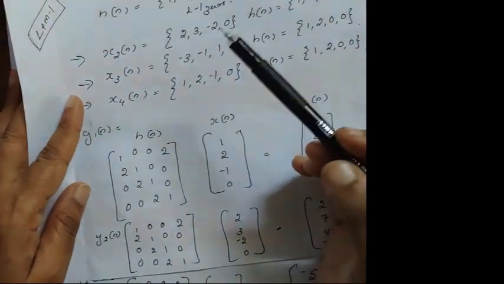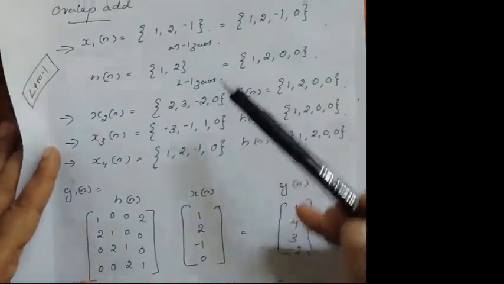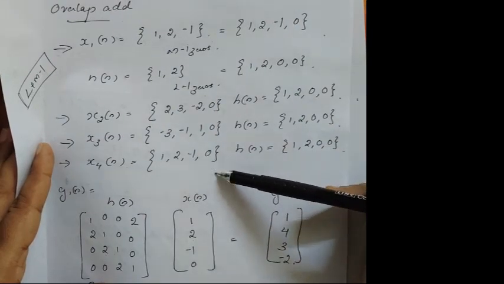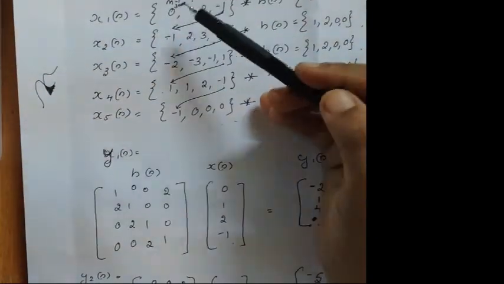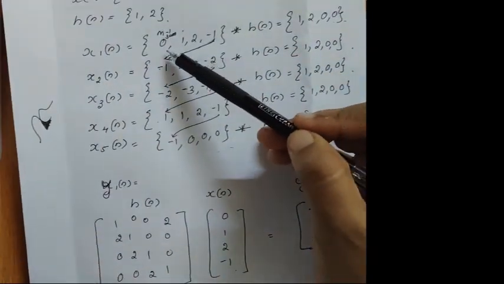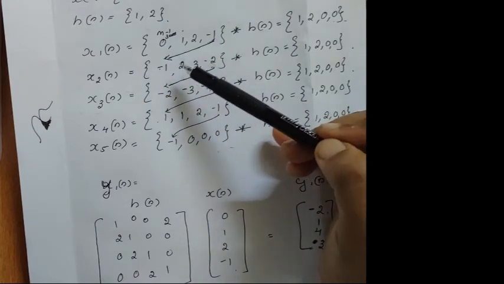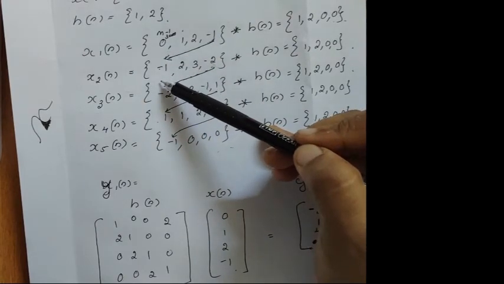The difference is that in the add method, m-1 zeros will be added at the last. In the save method, initially the zeros will be added first and the data will be saved to the next section.